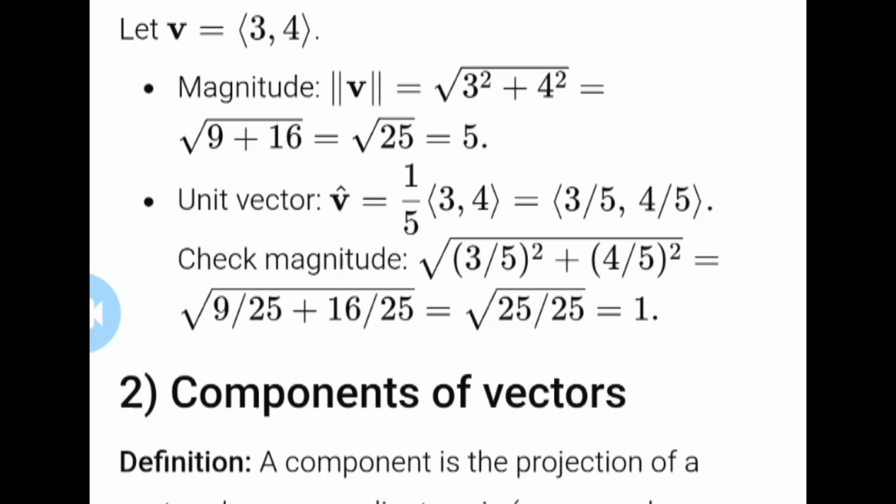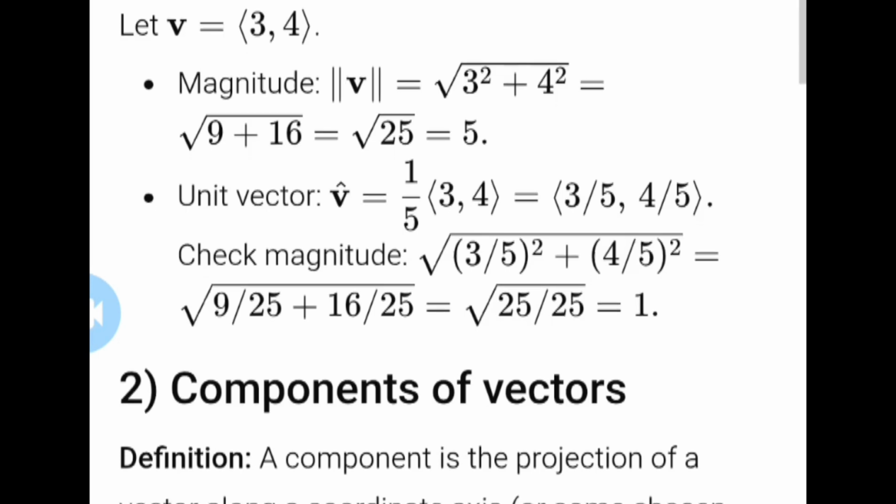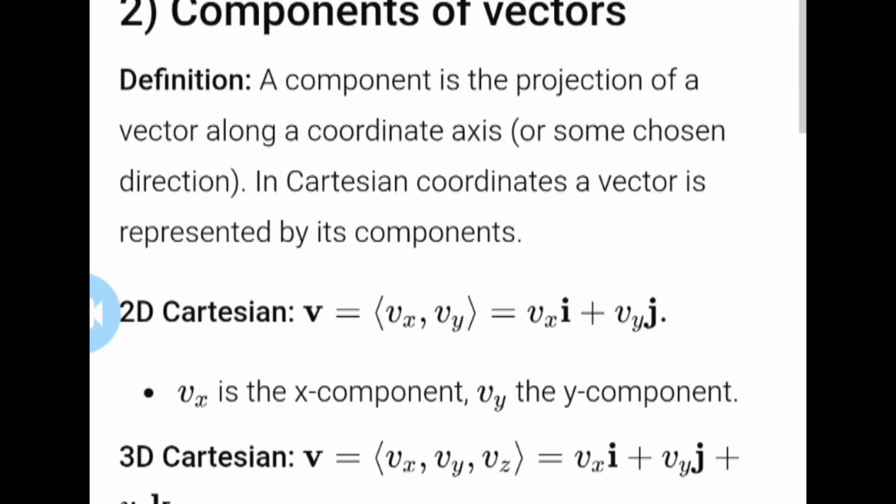So that was previously discussed. Now this is a proof of that. So when you take the square root of (3/5) squared plus (4/5) squared, it becomes 9/25 plus 16/25, which is nothing more than adding fractions to create 25/25, square root equals 1.